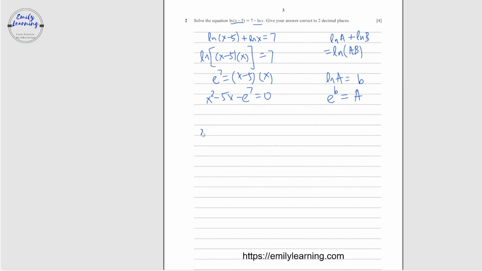So to find x, we will use our quadratic formula. It is minus b plus minus square root of b squared minus 4ac over 2a. So it will be 5, because minus negative 5 is positive 5, plus minus square root of b squared minus 4ac over 2a. Let me type it into the calculator to get the answer.